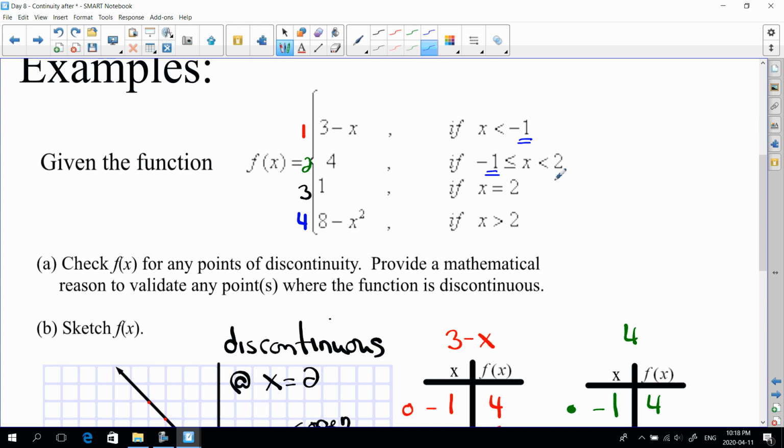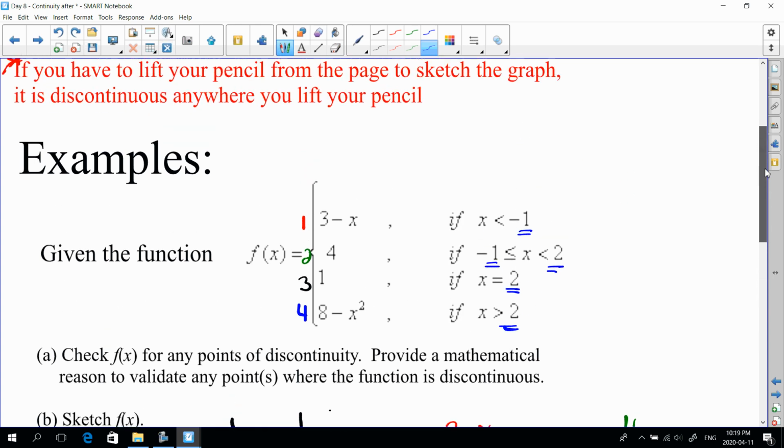The other one would be 2, because it also switches from 4 to 1 at an x value of 2, and from 1 to 8 minus x squared at an x value of 2. So there's something going on at -1 and +2. So let's just check those.